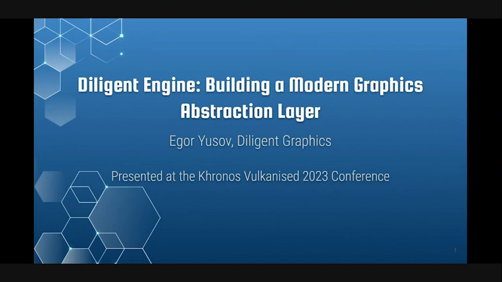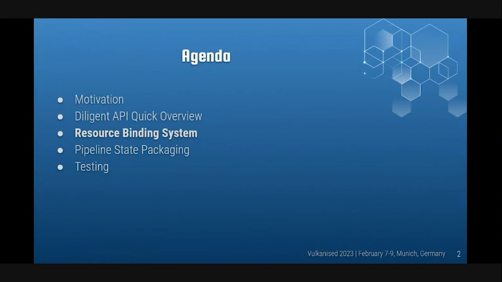It is currently used in a number of production applications, ranging from games to pilot training systems to CAD applications, industrial visualization tools, and others. It is open source and is available on GitHub under the Apache 2 license.